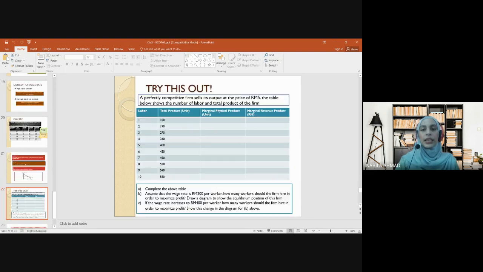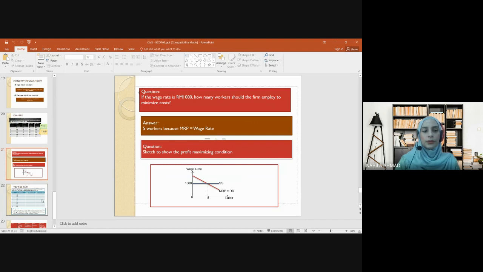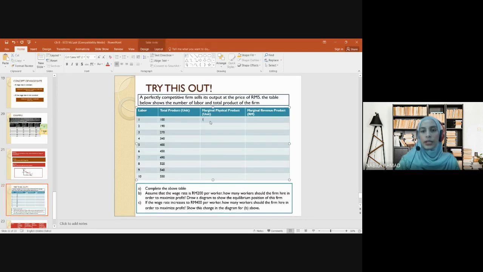Okay, kita lihat soalan ni. A perfectly competitive firm sells its output at the price of RM5. The table below shows the number of labor and total product of the firm. So, cari marginal physical product. So this one 100, this one 90, this one 80, 70, 60, 50, 40, 30.